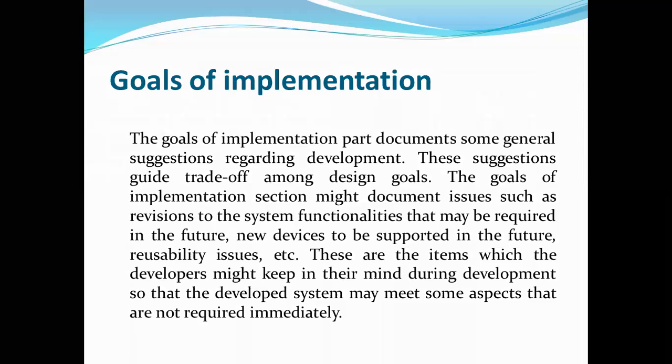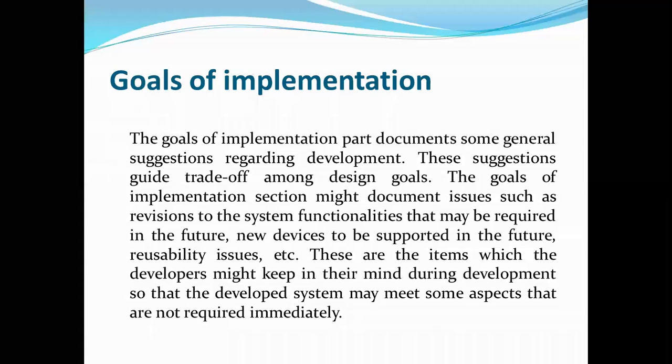The goals of implementation section might document issues such as revisions to the system functionalities that may be required in the future. We need to mention that we are developing these functionalities, but we need to see them in the future also. New devices to be supported in the future. हमने आज software develop कर रहे हैं.